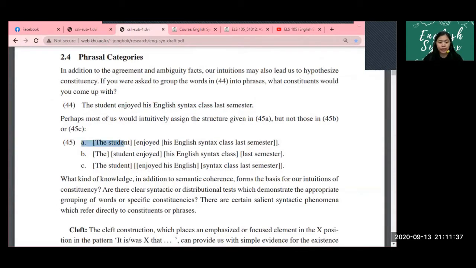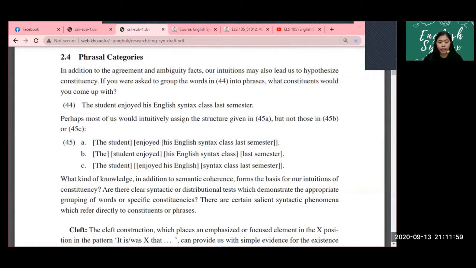For example, in letter A, we have two main constituents or two main phrases. The other one has a sub phrase within that phrase. For example, the student is a phrase, and enjoyed his English syntax class last semester is one phrase.